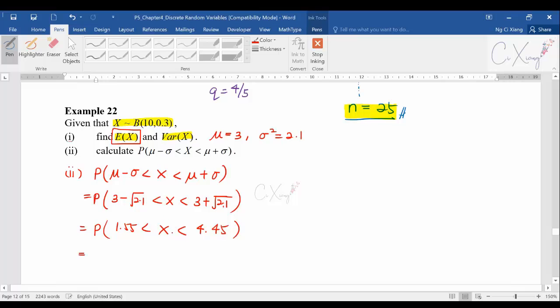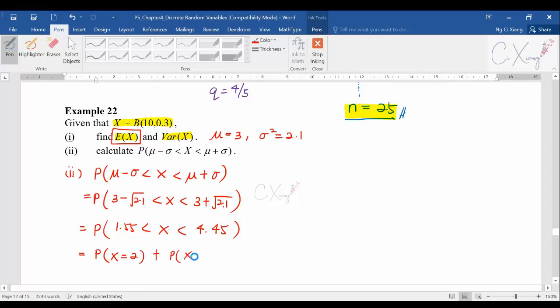Okay, so I don't know whether you realize or not. Actually, for all the discrete random variables, the values of X that I can take are always integers. Alright, like binomial is from 0 until n, but you can only take the integer values. Alright, the same thing happened here. X is between 1.55 until 4.45. So what are the integers that are between 1.55 and 4.45? So you have 2.